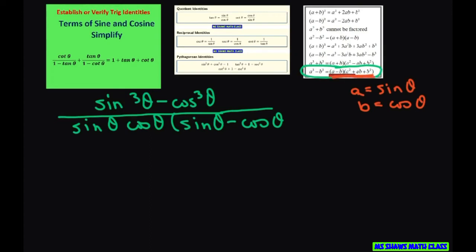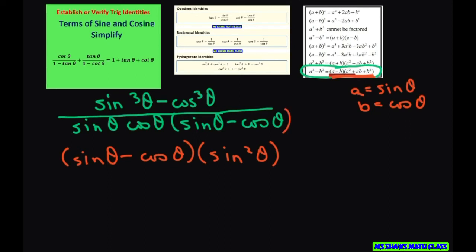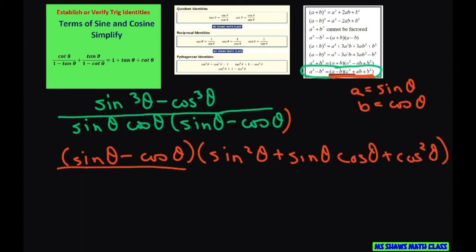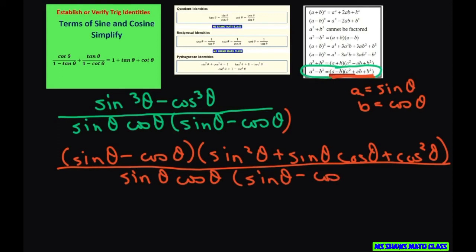So when we expand it, we're going to get sine of theta minus cosine of theta times sine squared theta, put the parentheses in the wrong place, sine squared theta plus sine of theta cosine theta plus cosine squared of theta, and then all divided by your denominator, sine theta cosine theta times sine theta minus cosine theta.